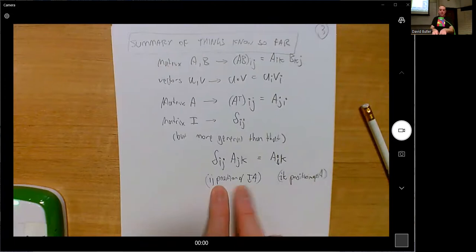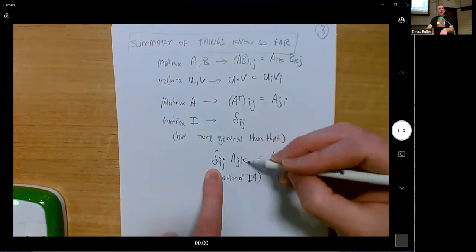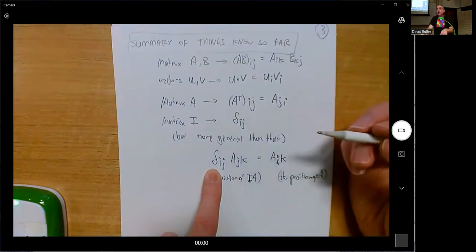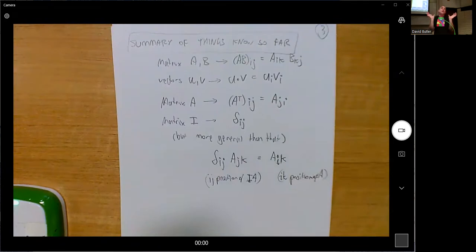So the ij position of the matrix IA is delta_ij A_jk. That's how you do matrix multiplication. Normally you put an I in this spot, but we have a special symbol for that. It's called delta. And this is the ik position of the matrix A, and so it works out that way.